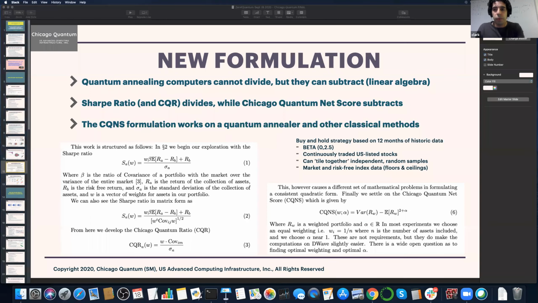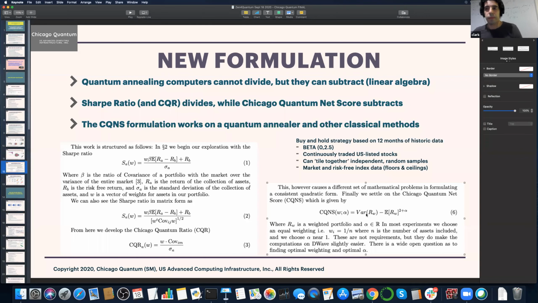What we ended up using is something that Jeff stumbled upon called the Chicago Quantum Net Score. If you look at it really closely, it's very close to the log of the inverse Sharpe ratio. We want to maximize the Sharpe ratio, but a QUBO tries to minimize something, so we're trying to minimize the inverse.